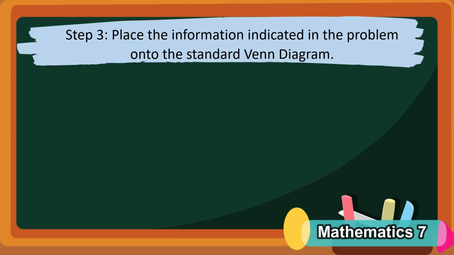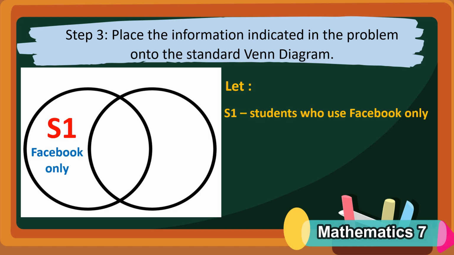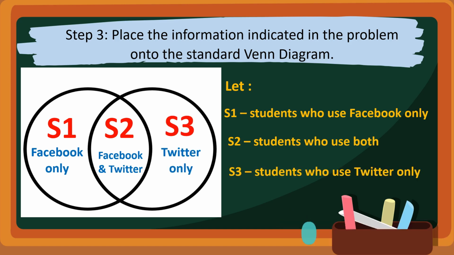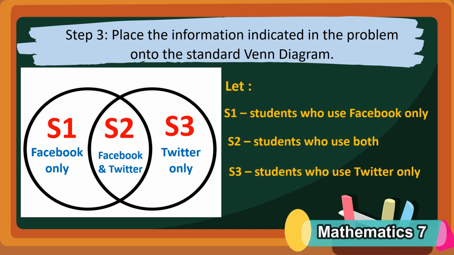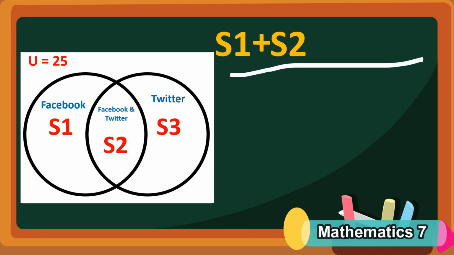Step number 3. Place the information indicated in the problem onto the standard Venn diagram. Let S1 represent students who use Facebook only, S2 the students who use both, and S3 the students who use Twitter only. There are 25 students in total, so S1 plus S2 plus S3 should be equal to 25.